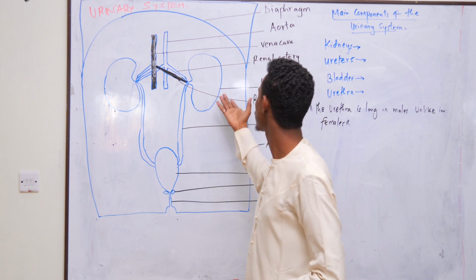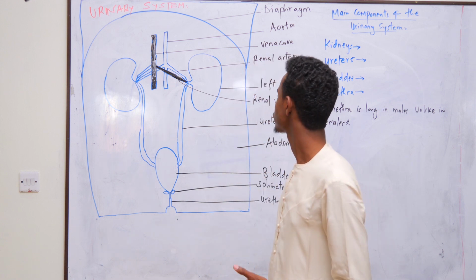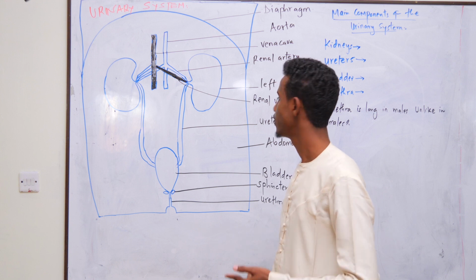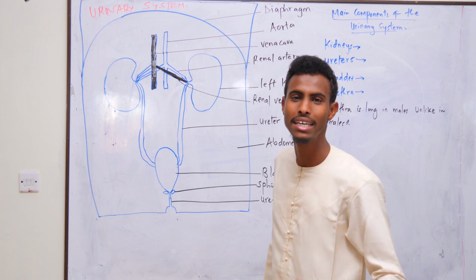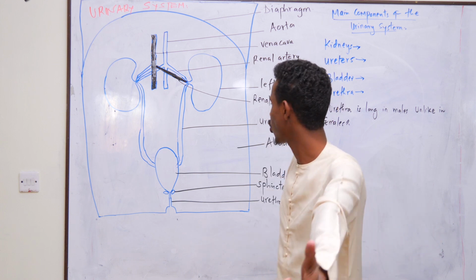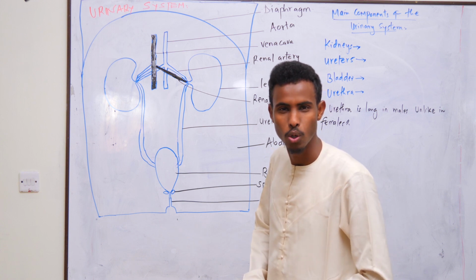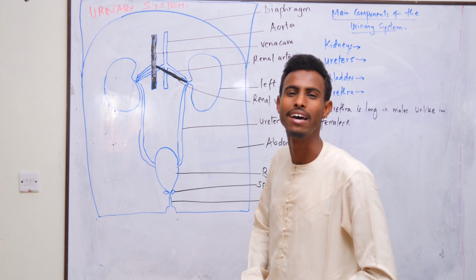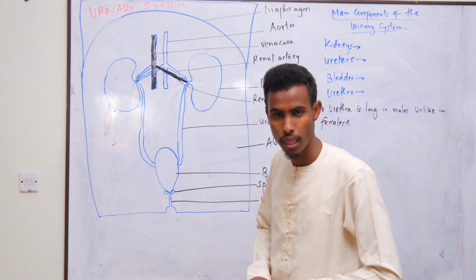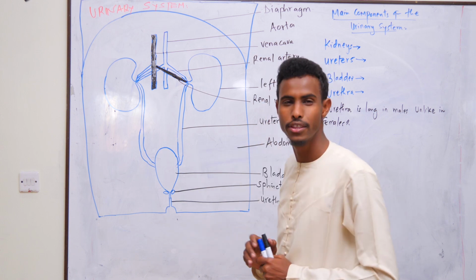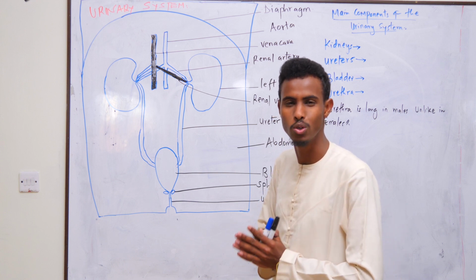The renal tubules of the nephron are basically the glomerulus, Bowman's capsule, the proximal convoluted tubule, the loop of Henle, the distal convoluted tubule, and the collecting duct. In our next lesson, we will be navigating through those parts of the kidney nephron. But for now, just have this overview of the urinary system and its main components.